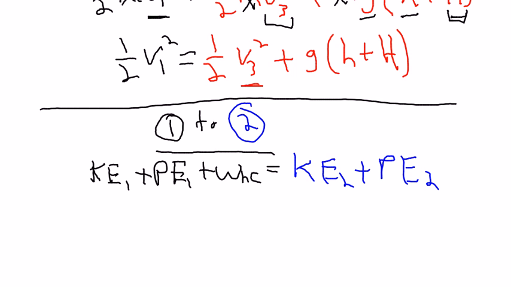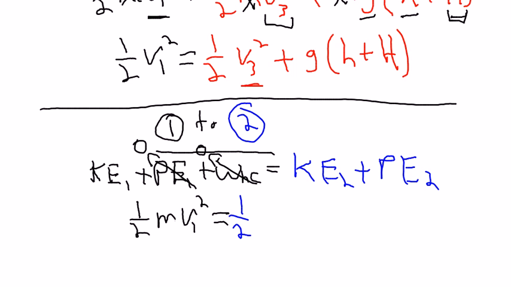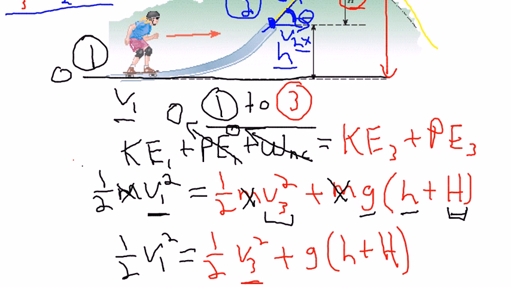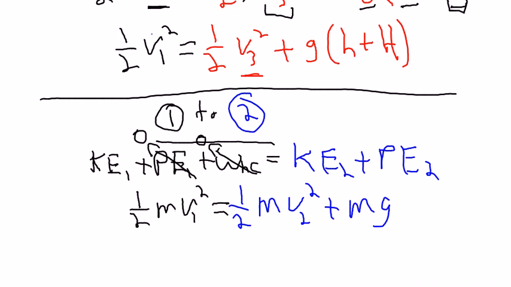We already established that potential energy at 1 is 0 and work done by non-conservative forces is 0, so your equation should look like 1/2 m v1 squared equals 1/2 m v2 squared plus mg times the height at point 2. We glance at our picture just to confirm the height at point 2 is just the lowercase h.